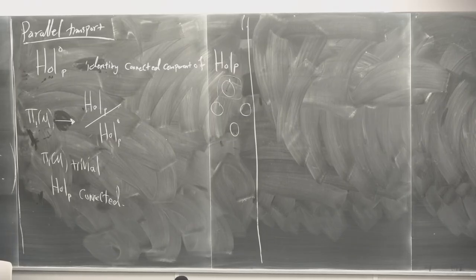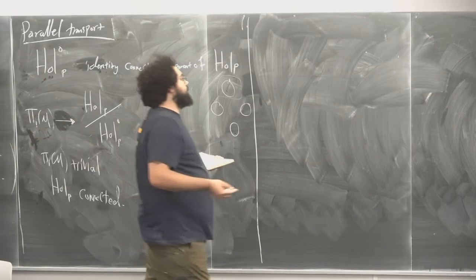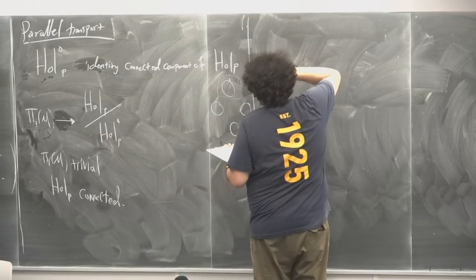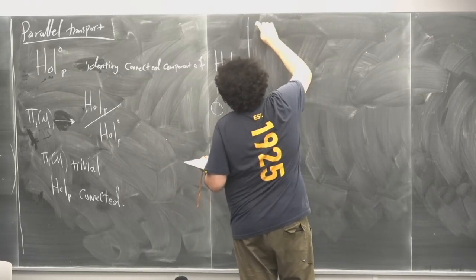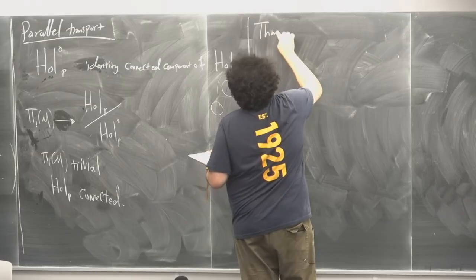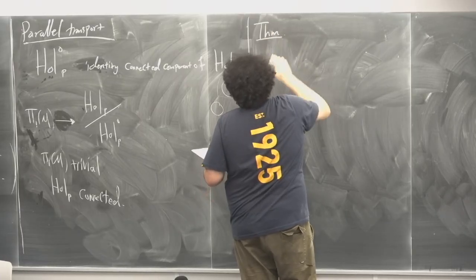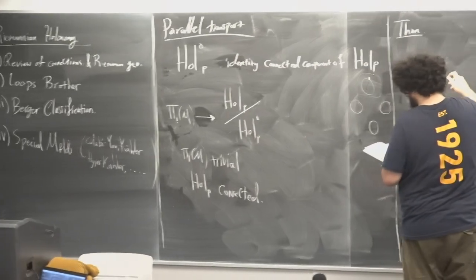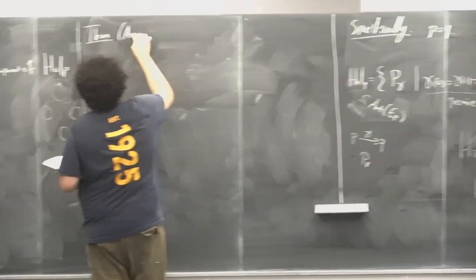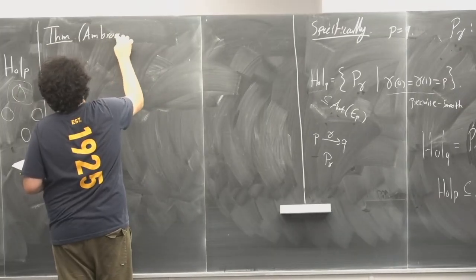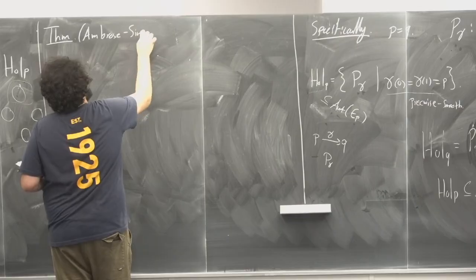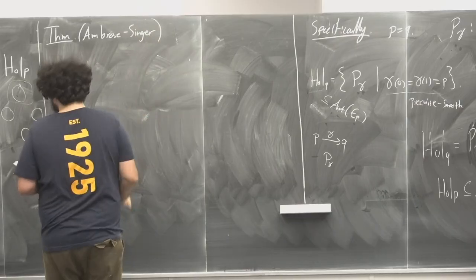But I also have this theorem which is general to all of these things, but I only knew how to state it in terms of the Riemannian one. I'll write it down here. This is the Ambrose-Singer theorem.